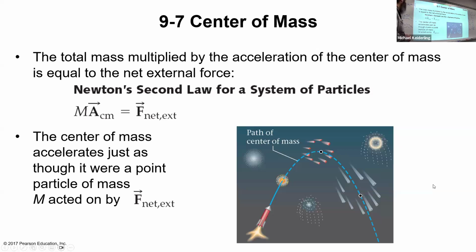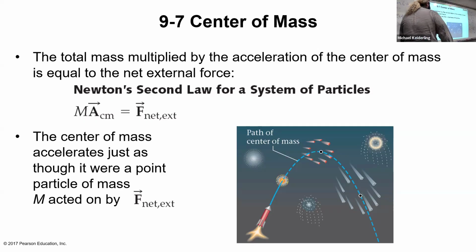The total mass times the acceleration is equal to the net external force on a system. So the center of mass accelerates as though it were a point particle of mass, total mass, acted on by force, net external force.